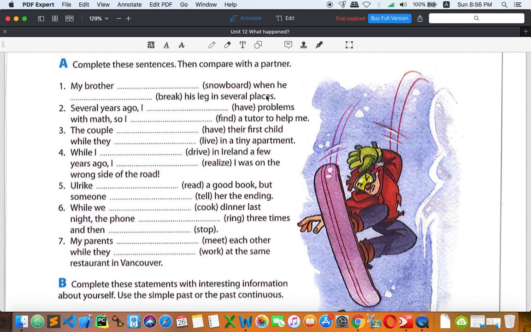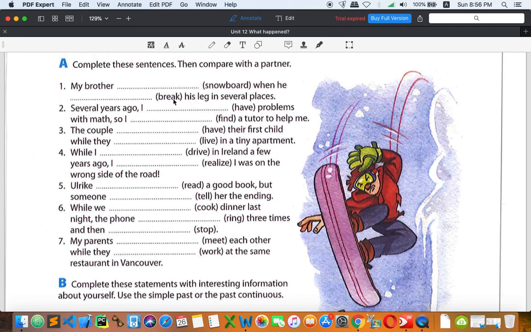So let's think about this. If you think that he broke the leg first, then he cannot snowboard, right? He cannot snowboard. So maybe at that time he was snowboarding, then he broke his leg.